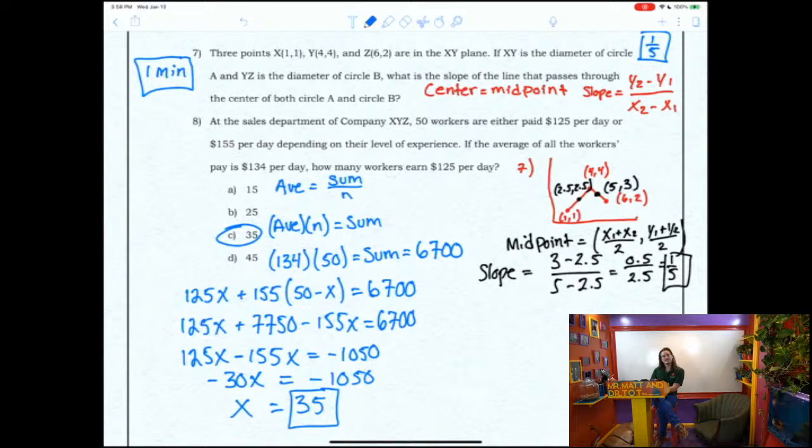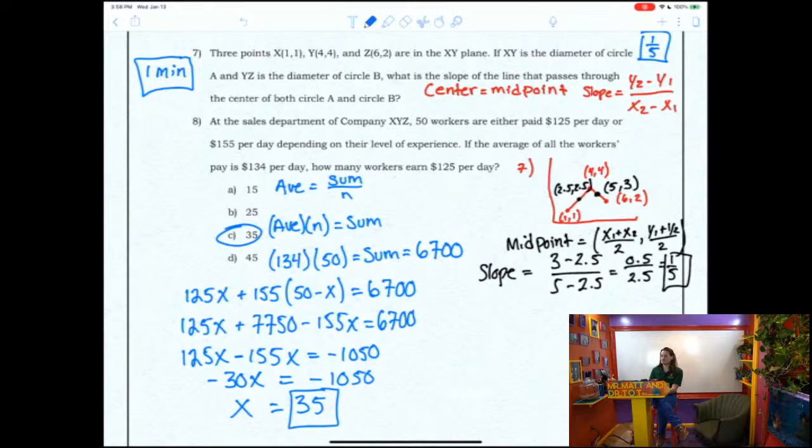You have to have at least as many mathematical equations as you do unknown variables in order to solve explicitly. To solve explicitly means you're solving for an actual number, not in terms of another variable. So if you look at your answer selections, they are numbers. So we have to be able to solve explicitly here.